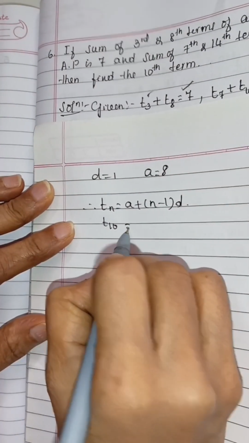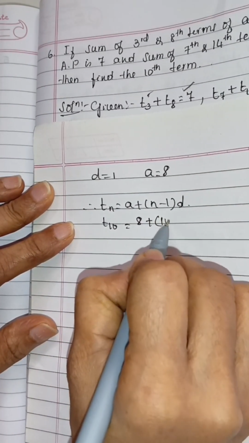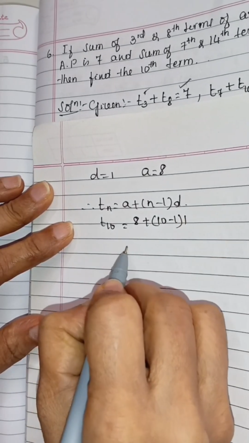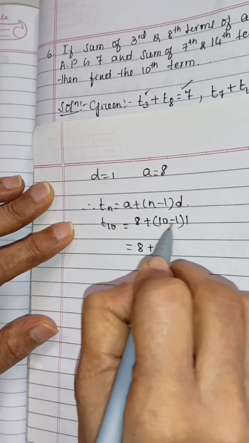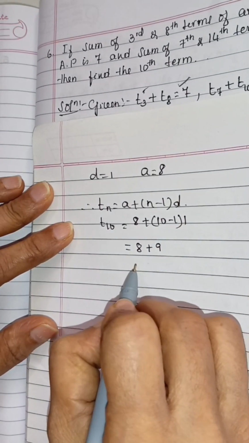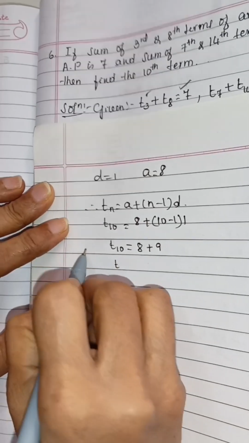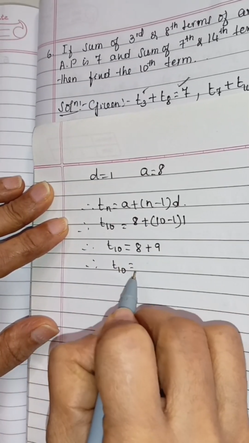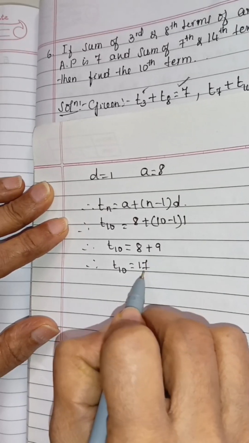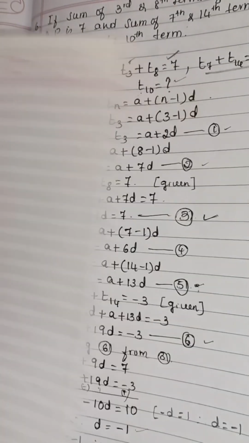T10 is a is 8 plus n is 10 minus 1 into d is 1. That is 8 plus 10 minus 1 is 9, 9 multiplied by 1 is 9. Therefore T10 is 17. So here I made a mistake.